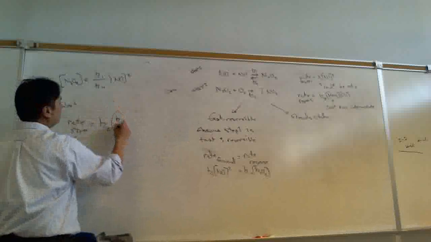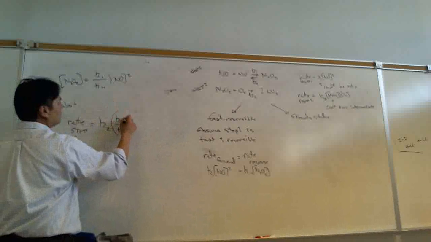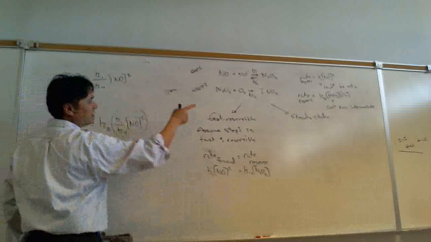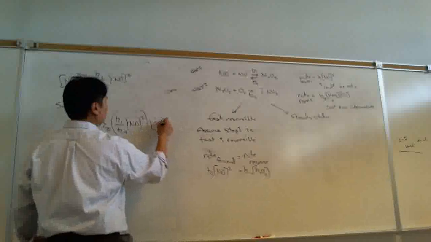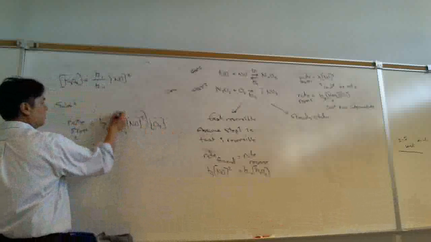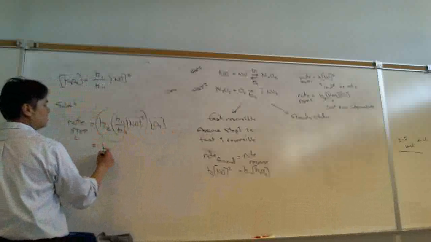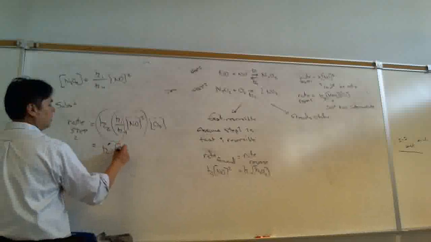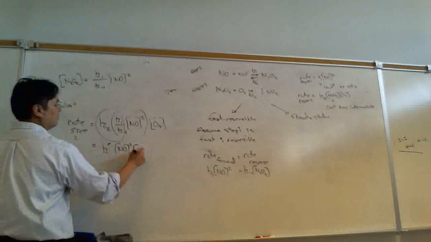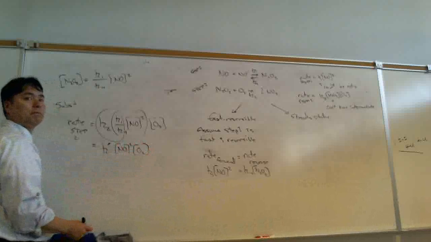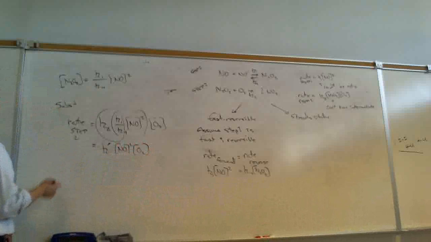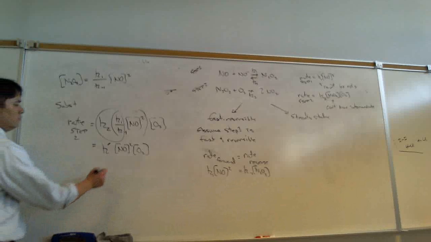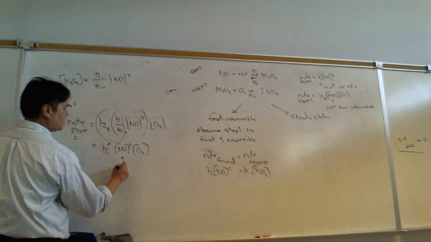It's going to be k1 over k minus 1 times [NO] squared, and then times the O2 concentration here. And so we're going to combine these constants and just call it k prime. It's going to be k prime [NO] squared [O2]. And so this is the rate of step 2. If I look at the rate of step 2, this matches the experimental rate law.